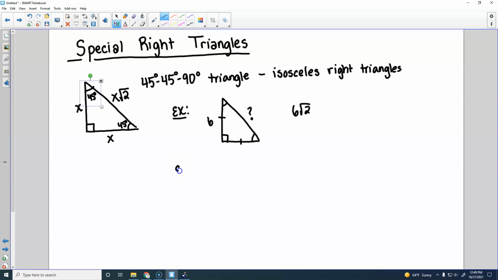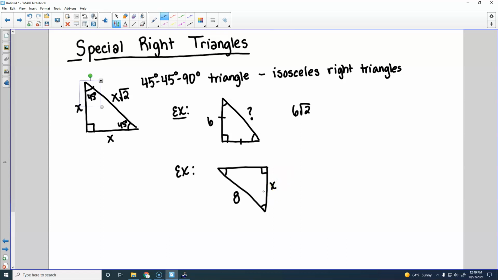You also may see some that look like this. They might tell you that this side right here is 8, and then want to know the length of the side.